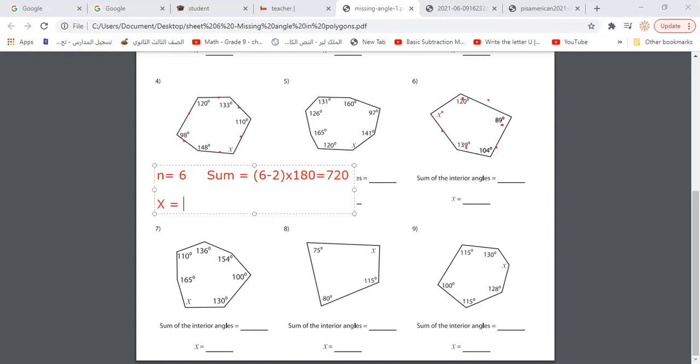How will we find the value of x? What is the total number? The total number was 720 minus, and then open a parenthesis. Tell me the numbers. 120 plus 103, 120, and 110, 133, 148, 110, 98, 148, right? 98.